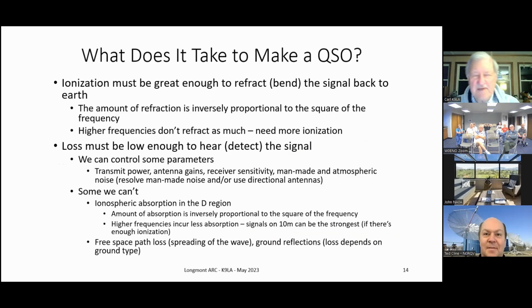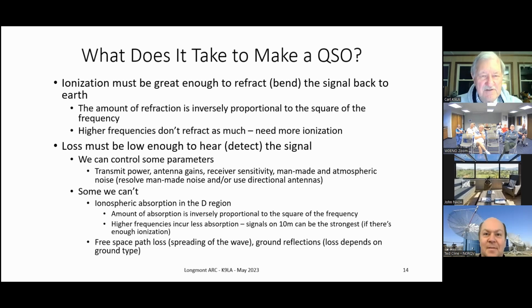Well, there must be enough ionization to refract and bend the signal back to Earth. Otherwise, it'll go through the ionosphere, never to be heard from again. The amount of refraction that a wave incurs is inversely proportional to the square of the frequency. What that means is the higher frequencies don't refract as much, therefore they need more ionization.